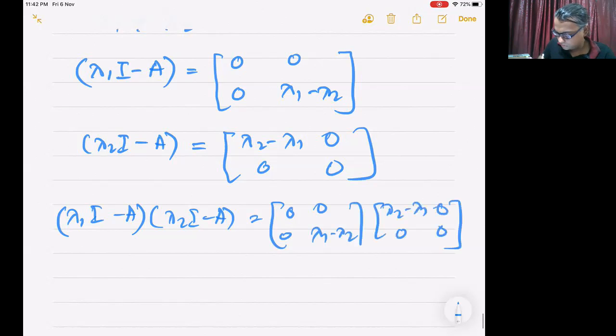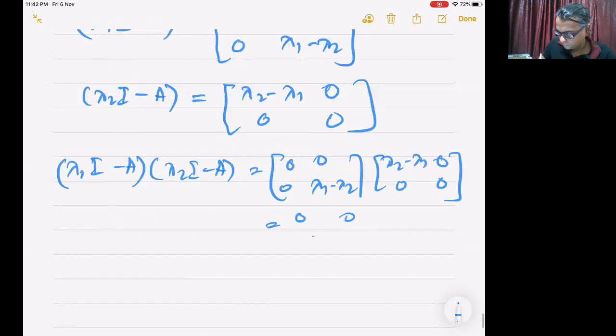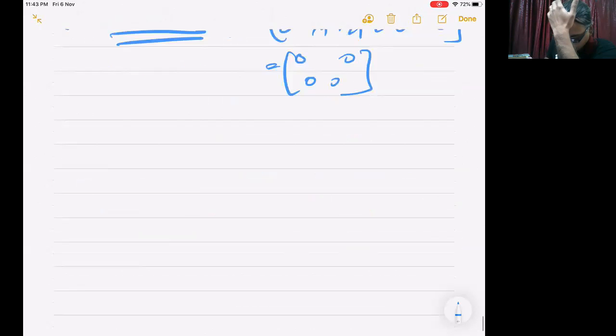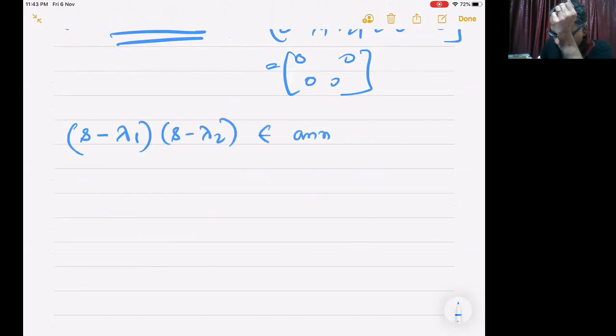Take the product, you get 0. So here is a polynomial which is an annihilator. This means S minus lambda 1, S minus lambda 2 belongs to the annihilator, right?